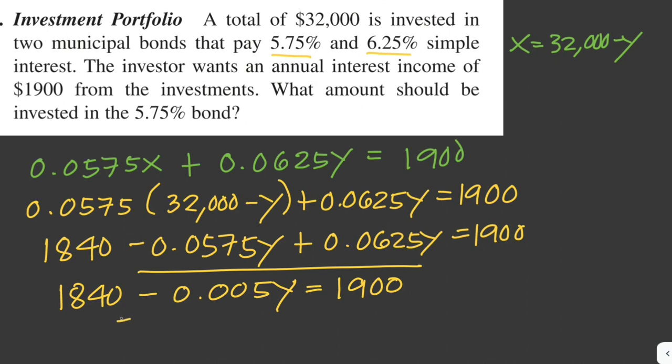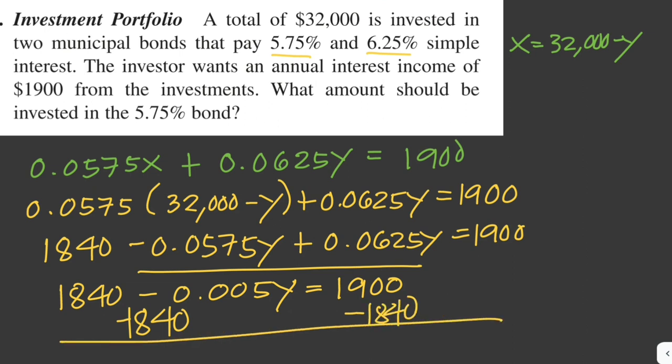And then we subtract 1,840 from both sides. We have 0.005y equals 1,900 minus 1,840. That is just equal to 60.